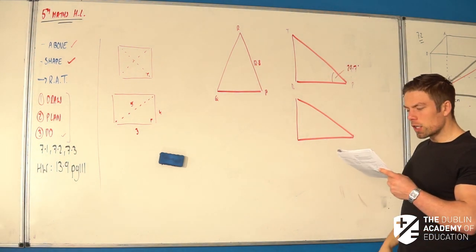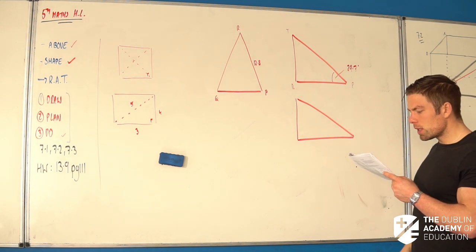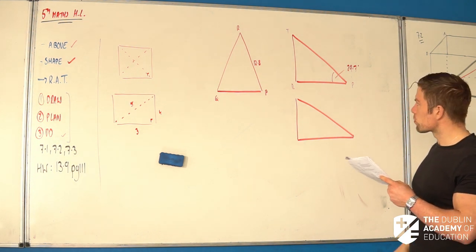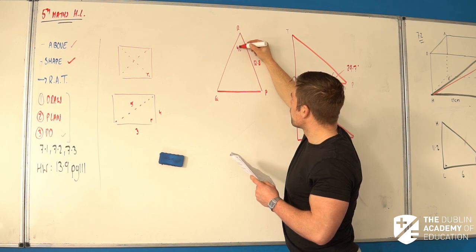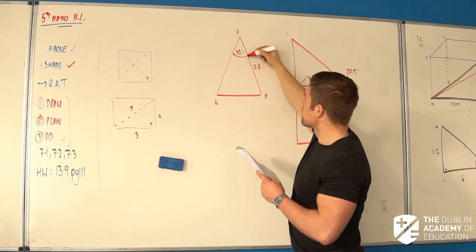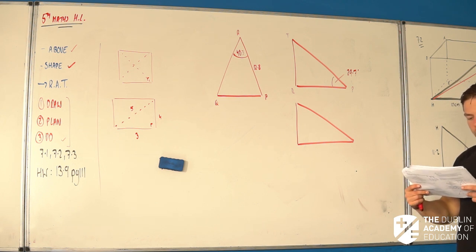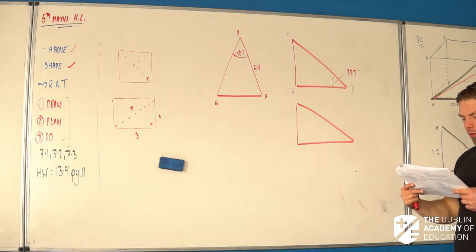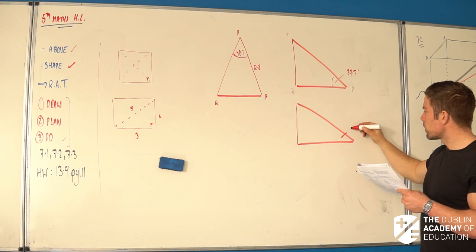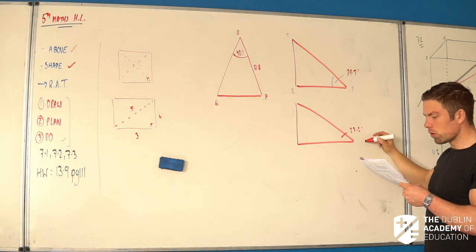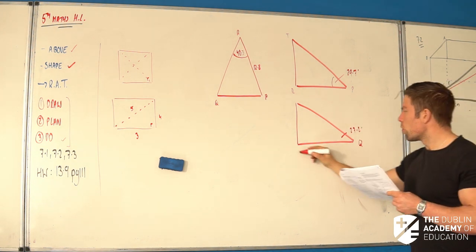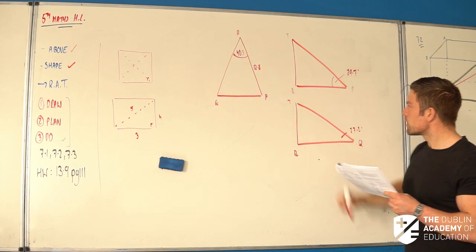Q is a point on level ground where PQ is 40.3. So they told us this is 40.3. The angle of elevation of the top of the tree measured at Q is 27.2 degrees. Okay, so this is 27.2 degrees, our other one, so that's Q to T.